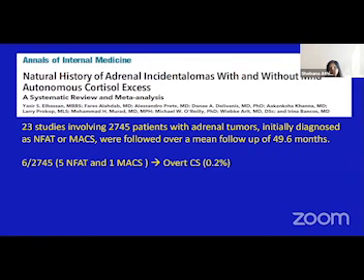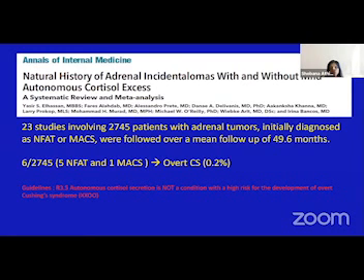Overall, only 6 of the 2,700 patients progressed to overt Cushing syndrome, 5 non-functioning and only 1 with MACS. So it was reported to be 0.2%. The guidelines actually say that autonomous cortisol secretion is not a condition with a high risk for development of overt Cushing syndrome.